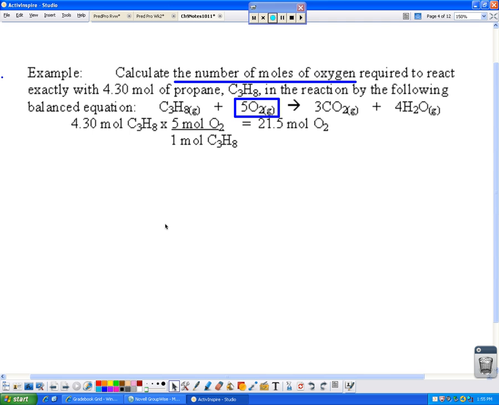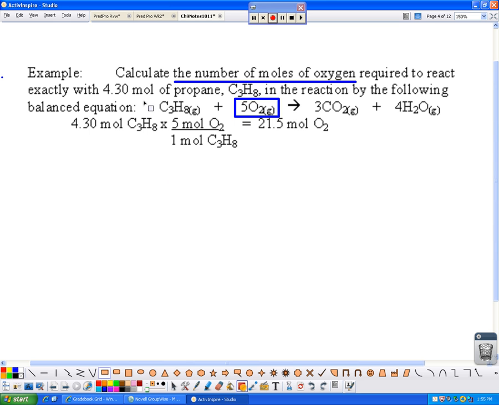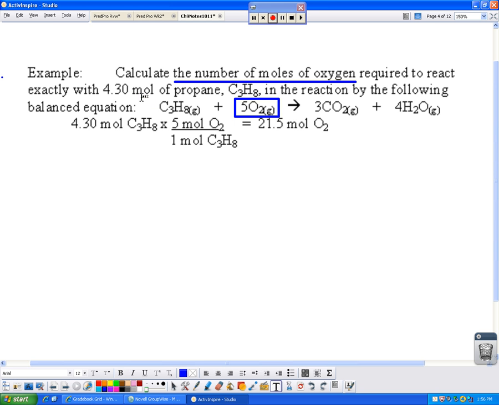So I wrote down the given, 4.3 moles of C3H8, propane. And this implied 1 there means there's 1 mole of propane reacting with 5 moles of oxygen. So for 4.3 moles of propane to burn properly, we're going to need at least 21.5 moles of oxygen for this reaction to burn properly.